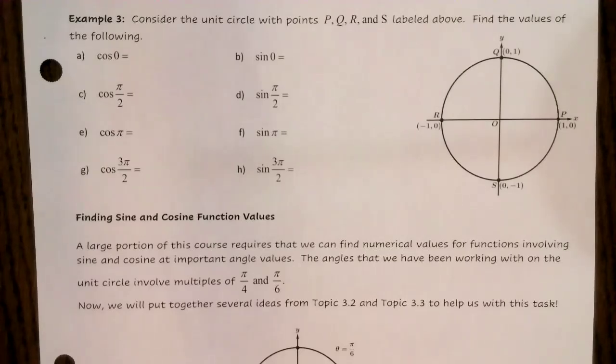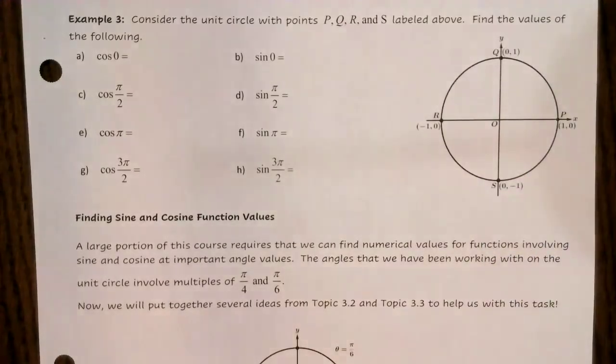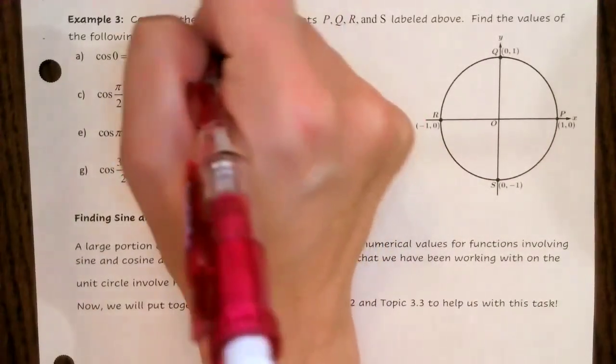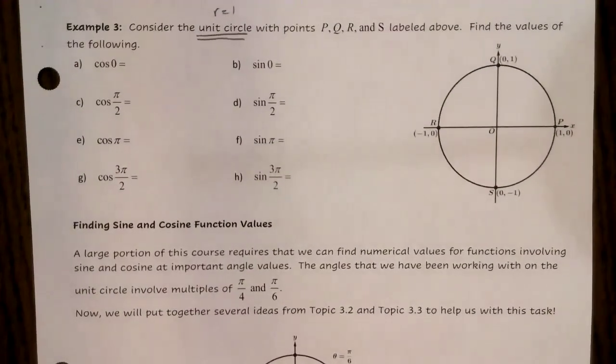So we've started with our points on the x and the y axis. Those are going to be the easiest to know. So we started with those. Cosine of 0, we're talking about this point right here. This is the unit circle. So when we see the unit circle, that is a circle with a radius of 1.